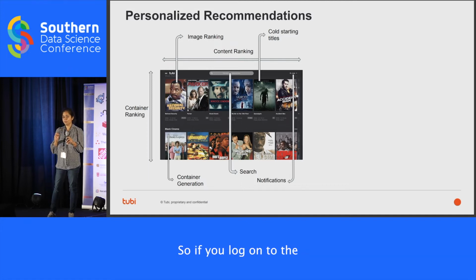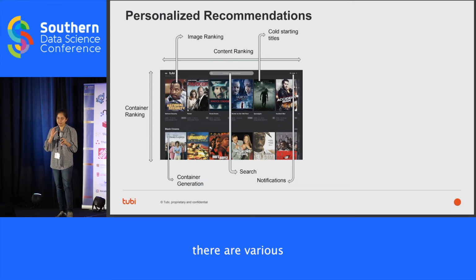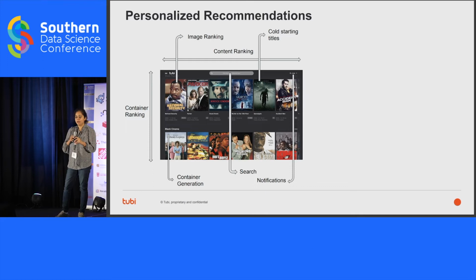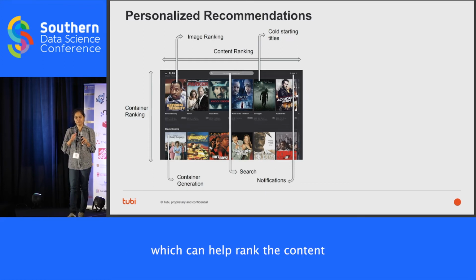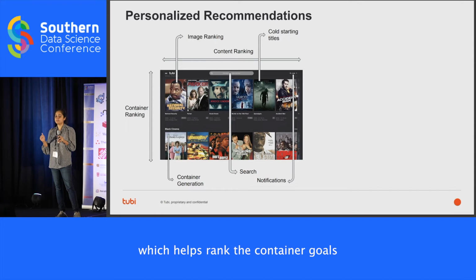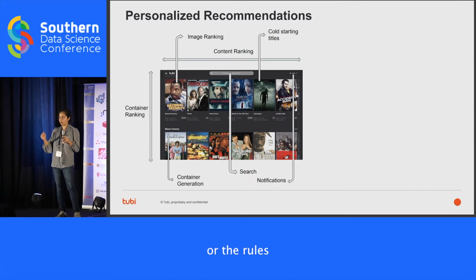If you log on to the Tubi homepage, you will see that there is various content organized in various categories. So we have a content ranking algorithm which helps rank the content relevant to a user, and a container ranking algorithm which helps rank the containers or the rows relevant to the users.